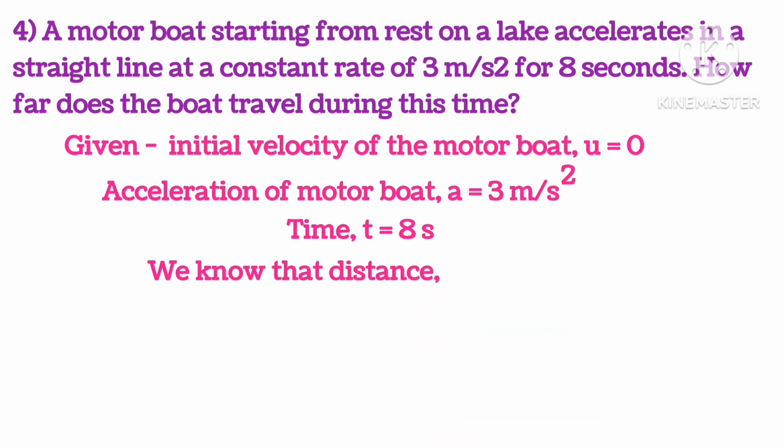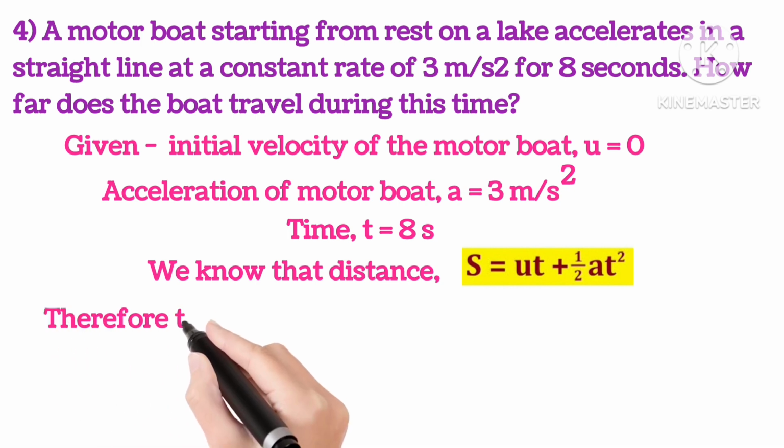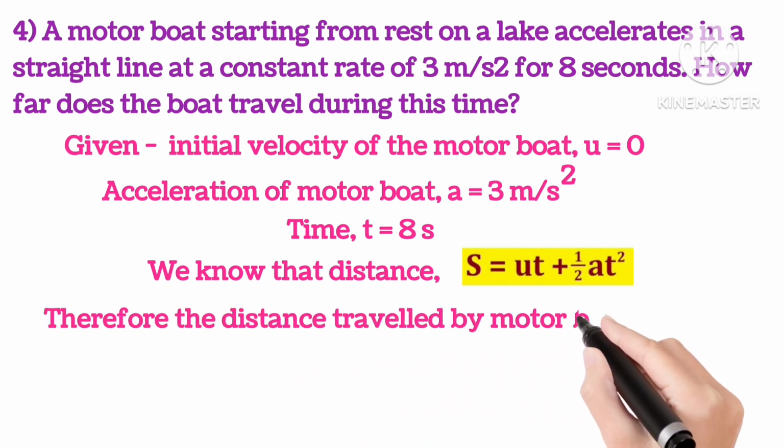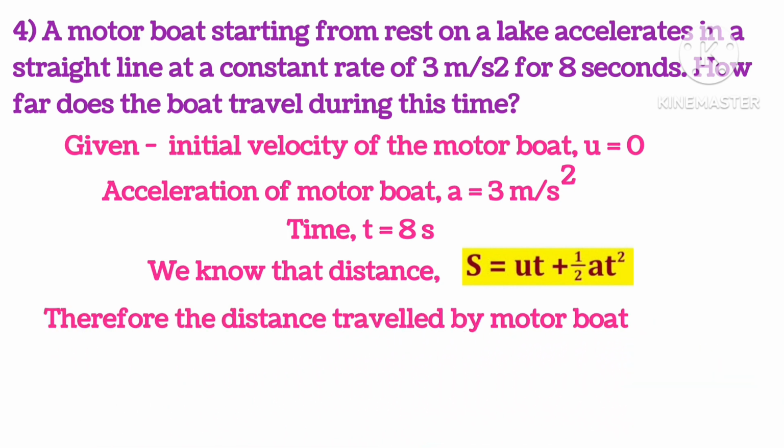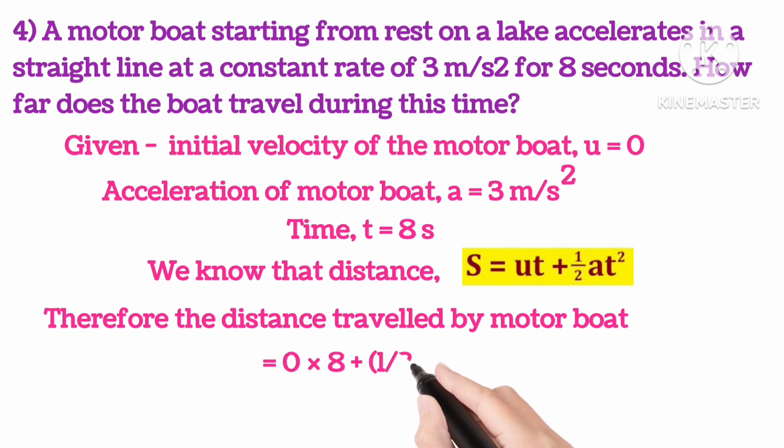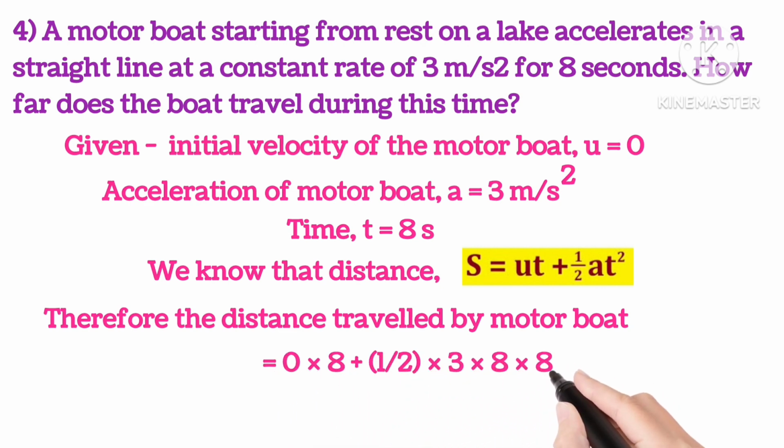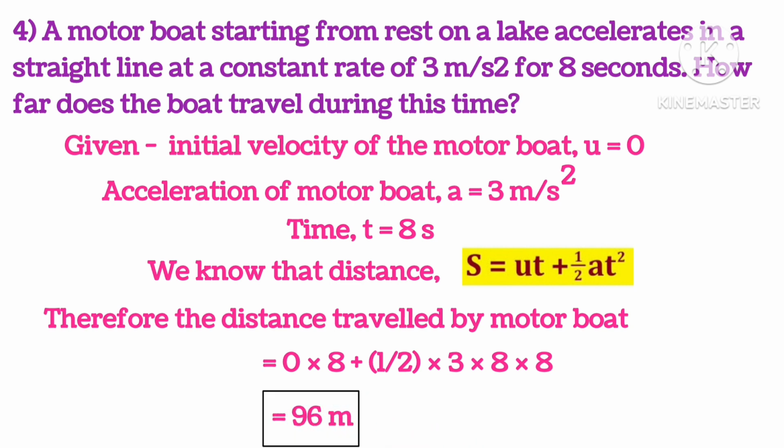Now we know that the distance s is equal to ut plus half at square. Therefore the distance traveled by the motorboat will be, putting all the values in the equation, we get s is equal to 96 meters.